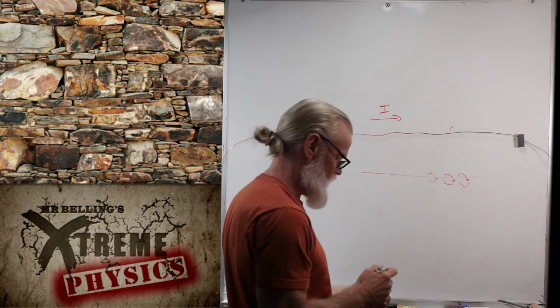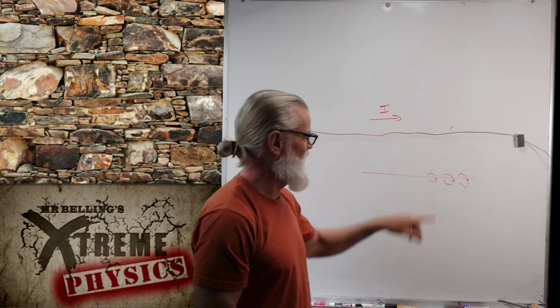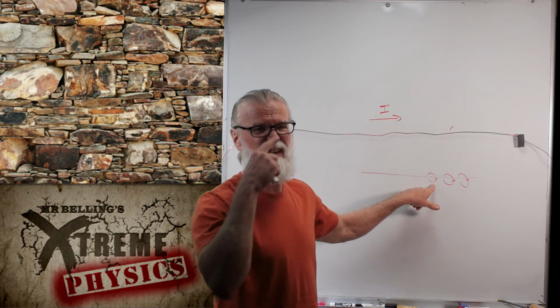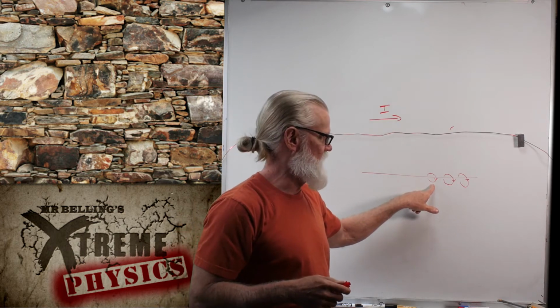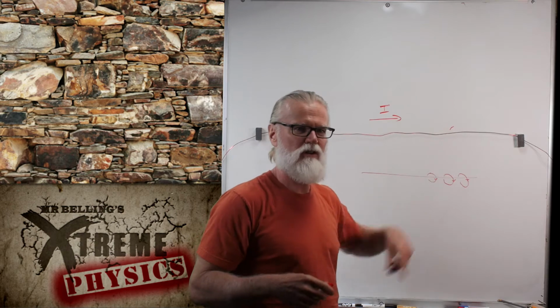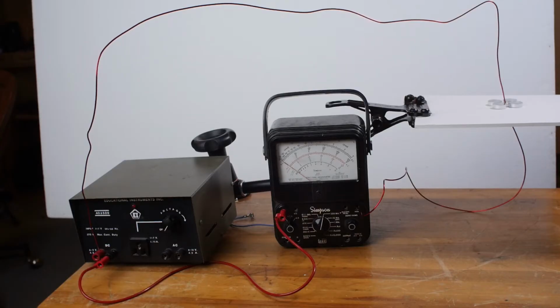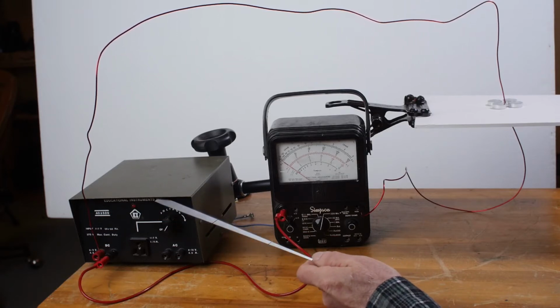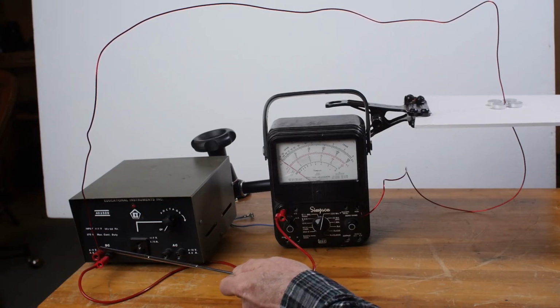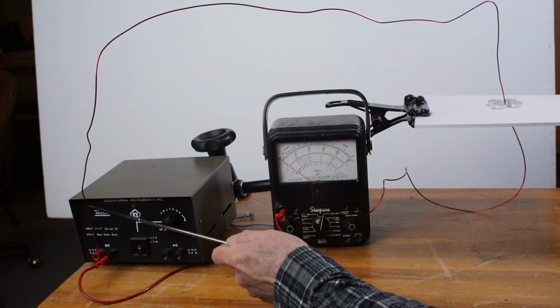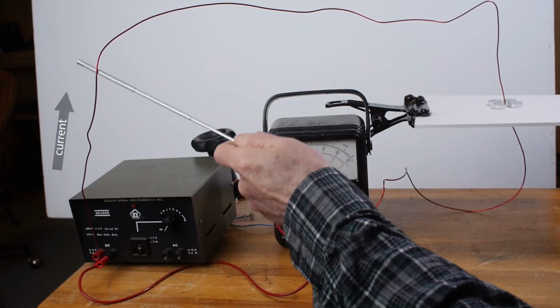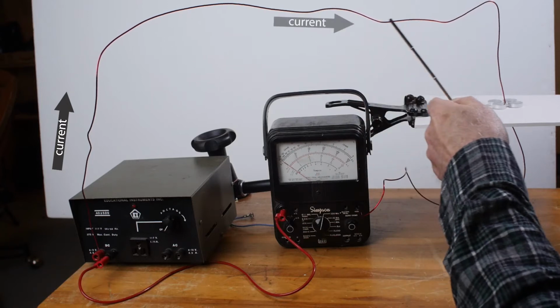So here's a video to show you that indeed you can see that the magnetic field around a wire forms closed loops. Here we have a setup to see if we can figure out what the magnetic field looks like around a wire carrying current. I have a power supply here, and you can see that I have a wire coming out, and it comes through here.